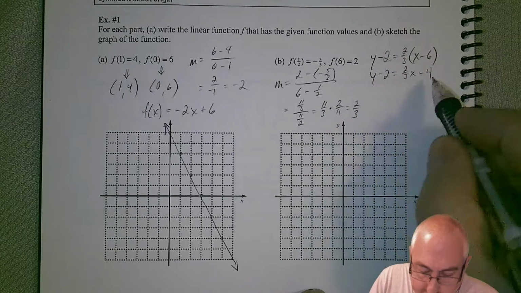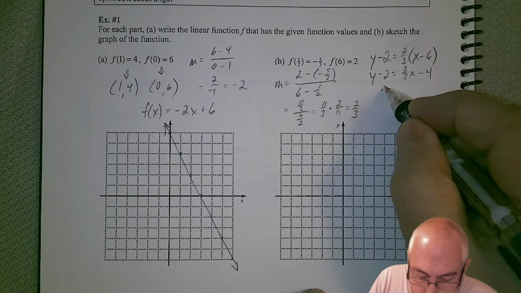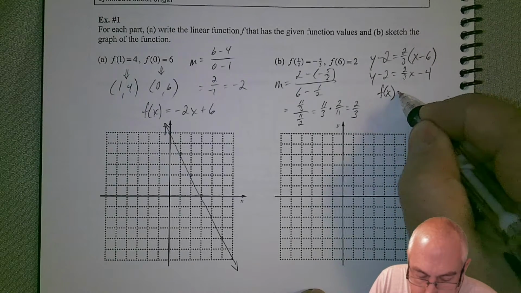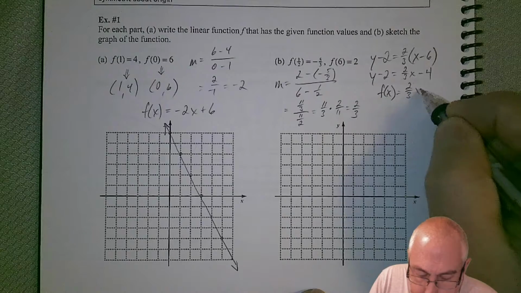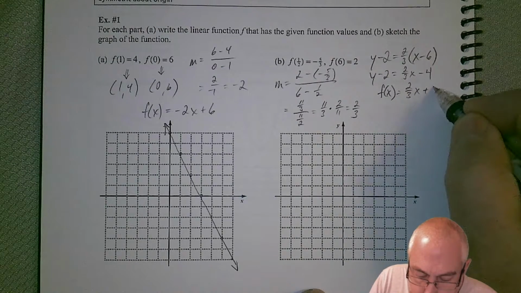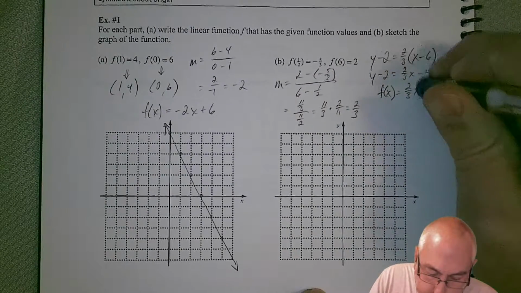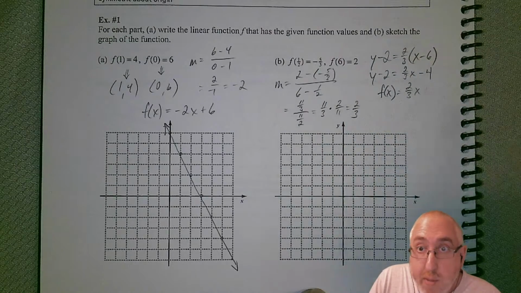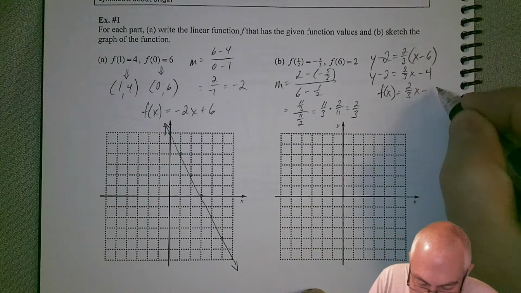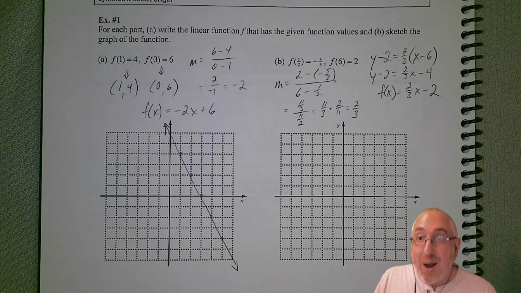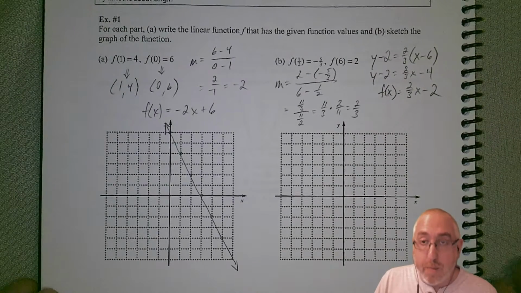And so now we can add the 2 to the other side. And let's change it to f of x. So we got 2/3 x plus, oops, not plus, but minus. Everybody makes mistakes. Minus 2. All right, so now we're good with that one.